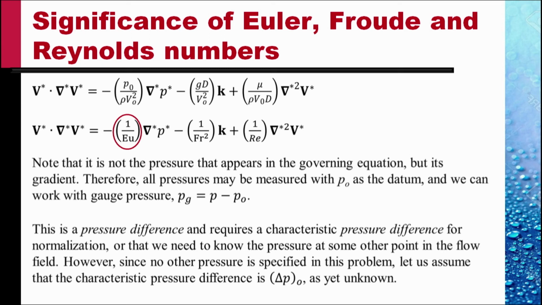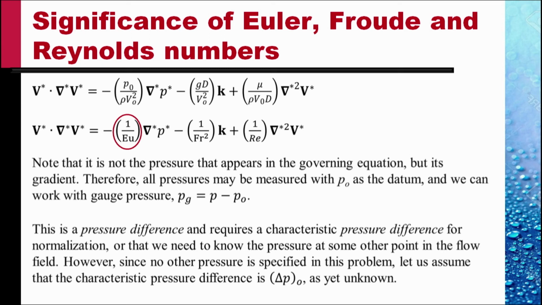If we do this, the equation is unaffected. This Pg is a pressure difference and does not require a characteristic pressure but requires a characteristic pressure difference for normalization. To write a characteristic pressure difference, we need pressures at 2 points.